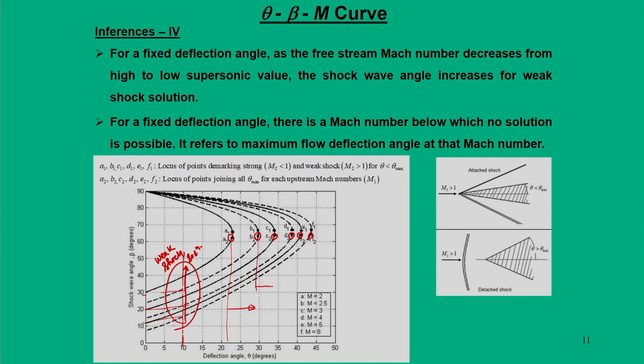Beyond B1, there is no oblique shock solution possible for Mach 2.5. Beyond about 43 degree, there is no oblique shock possible for Mach 8. So, this is what it means. When theta is less than theta max, we get an attached shock, and when no oblique shock solution is possible, the shock wave will remain detached. So, we call this a bow shock.